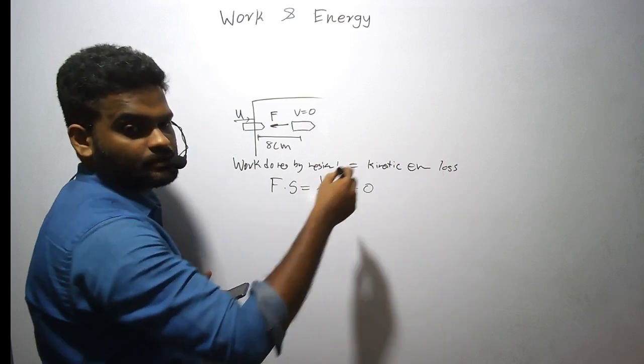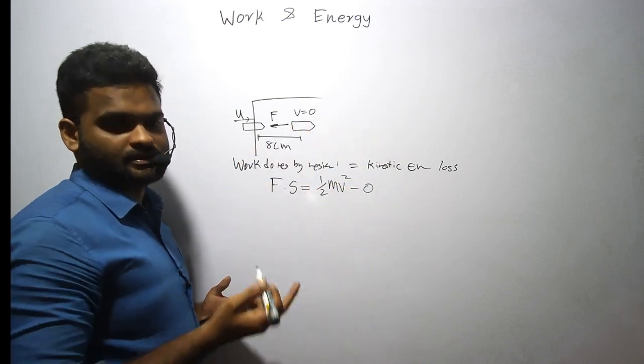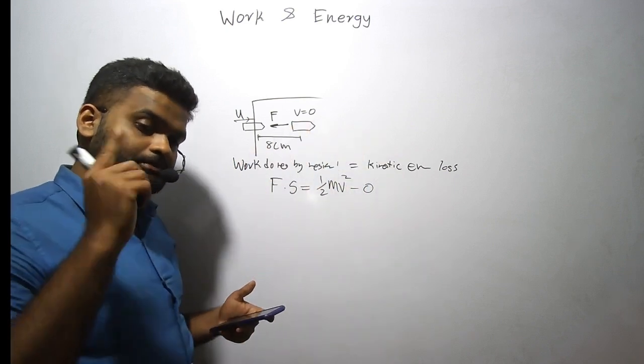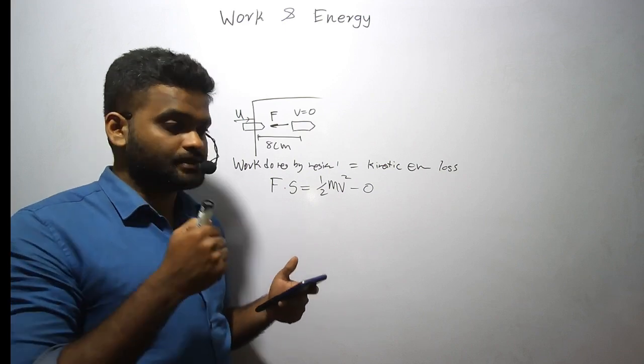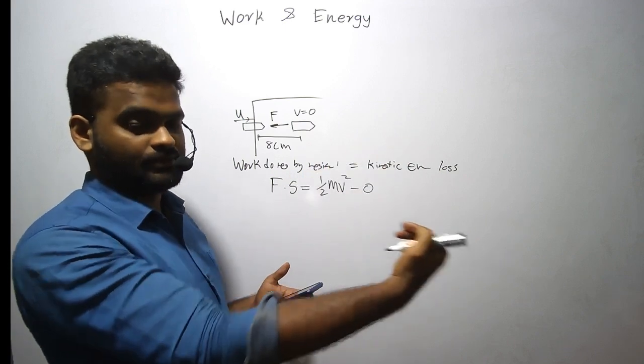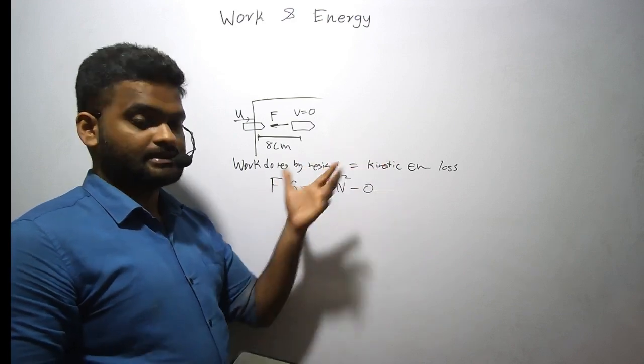You can take it down. Work done by resistive force equals kinetic energy loss. Here the kinetic energy is lost. In previous questions, you provide a force, then it gains kinetic energy. But when you apply a resistive force, kinetic energy is lost. But in both cases, the magnitudes are the same.